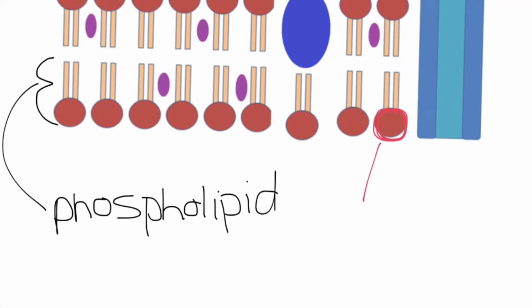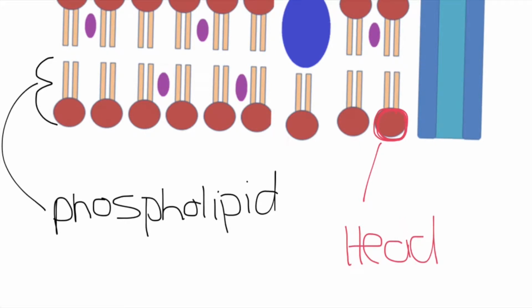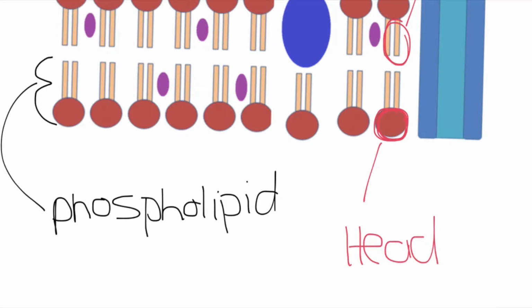So we've got our head here. Oh, that's not how you spell head. Better, and then you've got your tail. But it's really important that you are describing the properties of those heads and the tails of the phospholipid. Okay, so I want you to think that there would be fluid here and there would be fluid here.